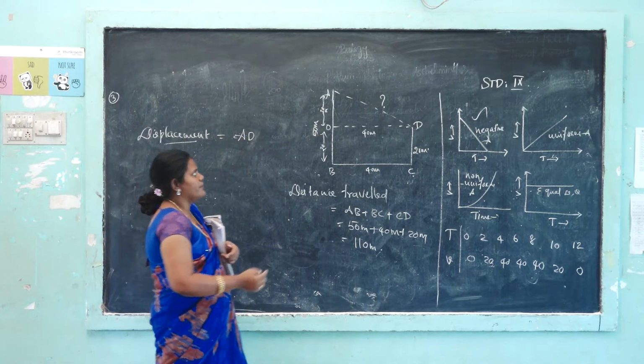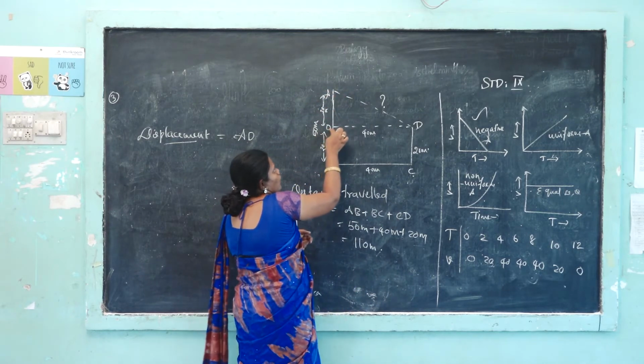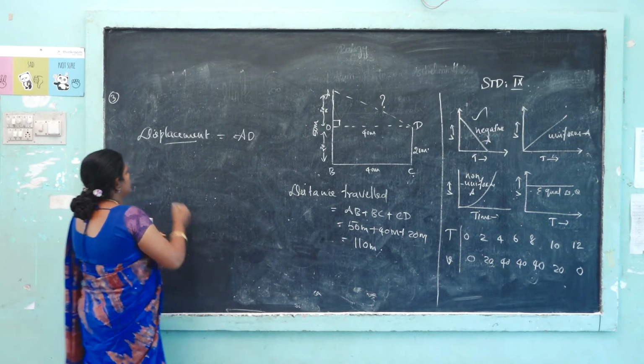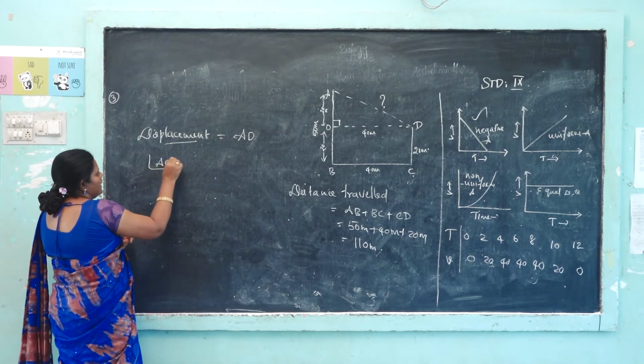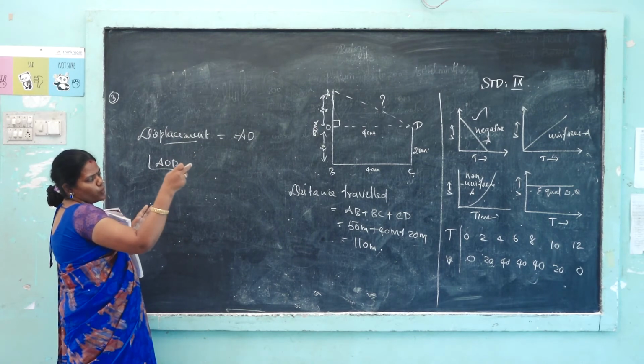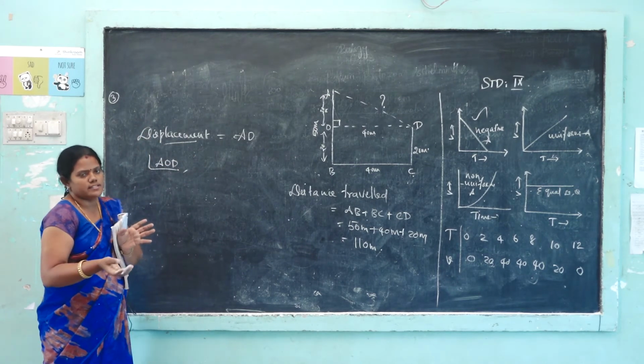AD means you have to consider this triangle AOD. That is a right angle triangle. So consider right angle triangle AOD. We want the hypotenuse square, so you apply the Pythagoras theorem.